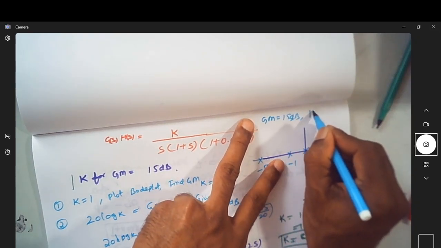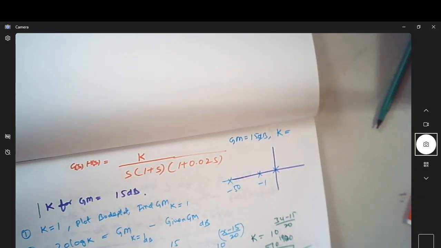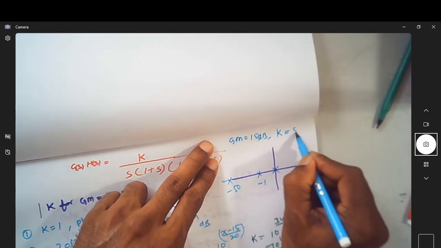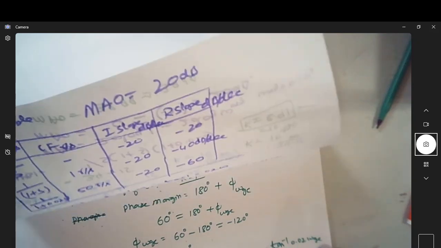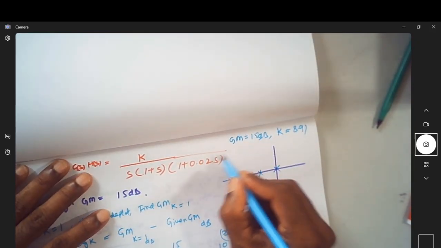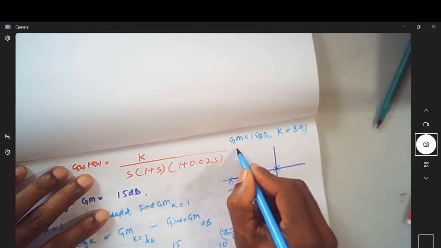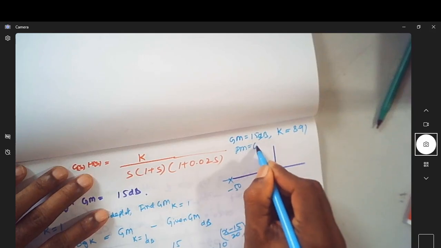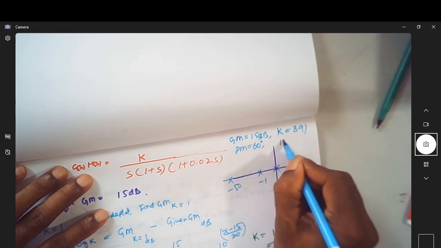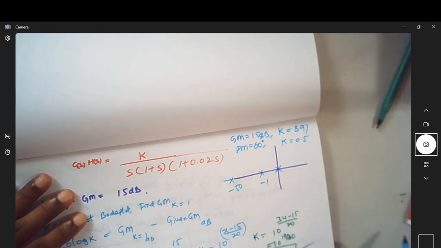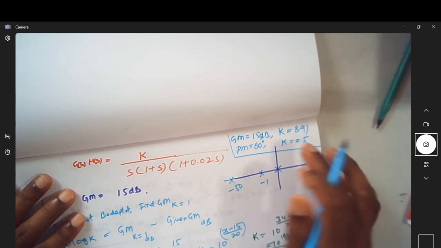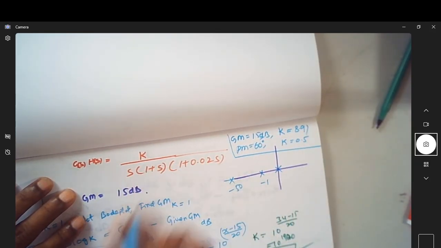We found the value of k using the plot, which comes out to be 8.91. Then for the same transfer function with a phase margin of 60 degrees, we found the value of k to be 0.5 using the plot. So this is the result of the previous video.